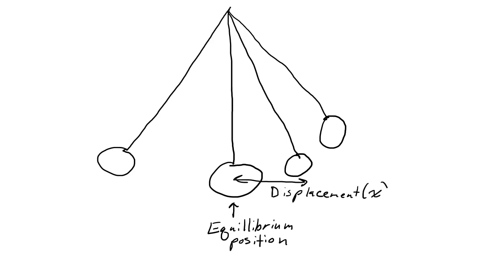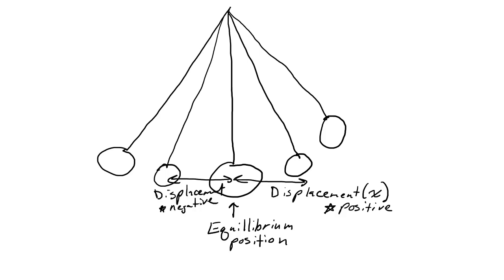It's usually represented with the letter x. Displacement is how far the particle has been moved from its equilibrium position. In this case, my displacement would be positive, because I've moved it forward from the equilibrium position. If I were to move backward like this, so my pendulum swung this way, my displacement would be negative.